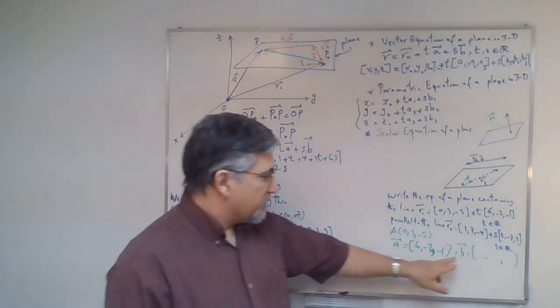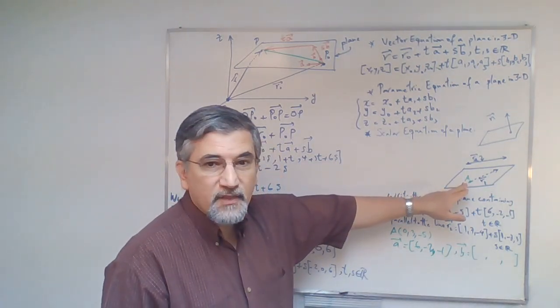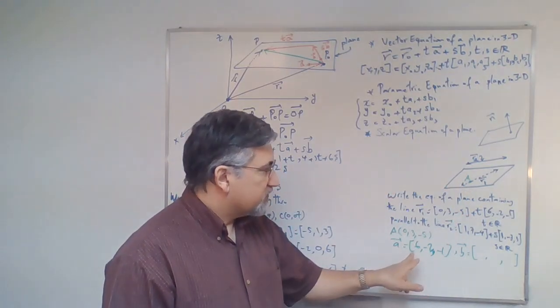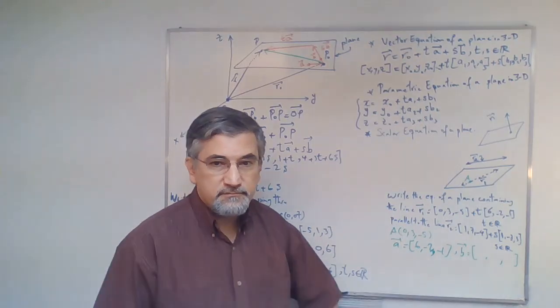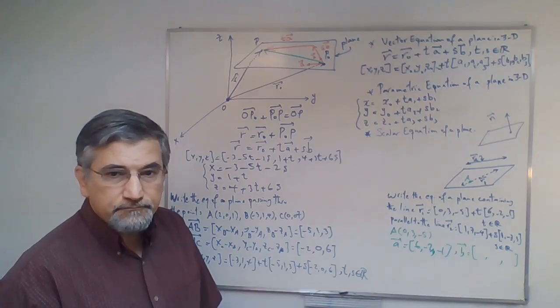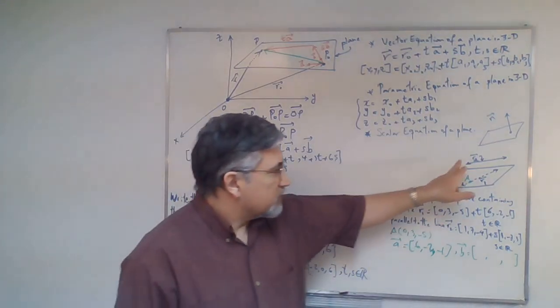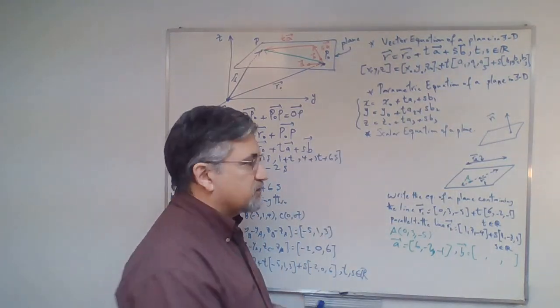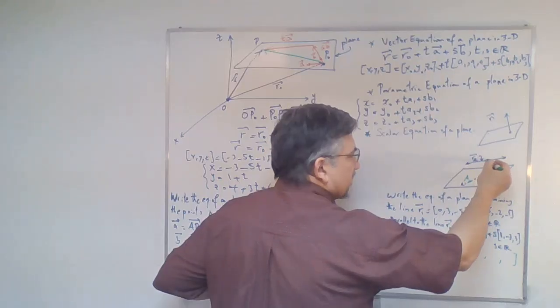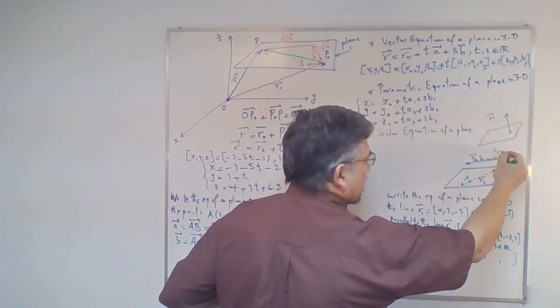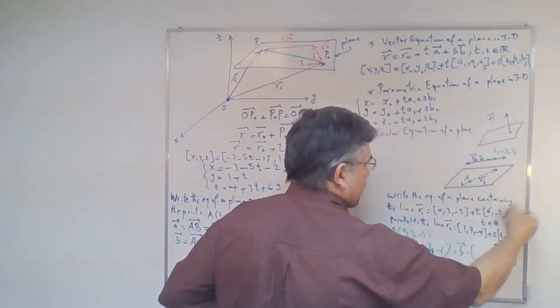If we can find a second vector on the plane with this first vector, then we'll be totally fine to write the equation of the plane. Now this line itself has a direction vector by itself, right? And that is 1, -3, 3.